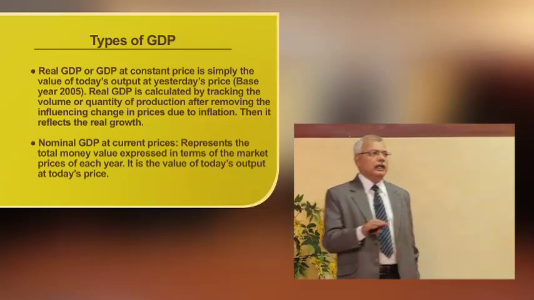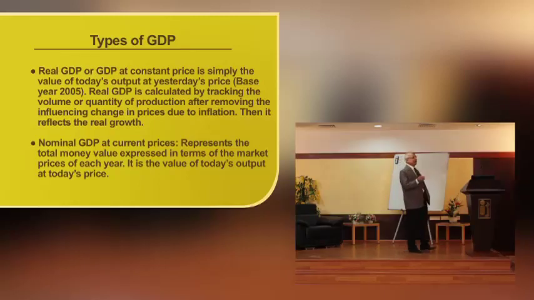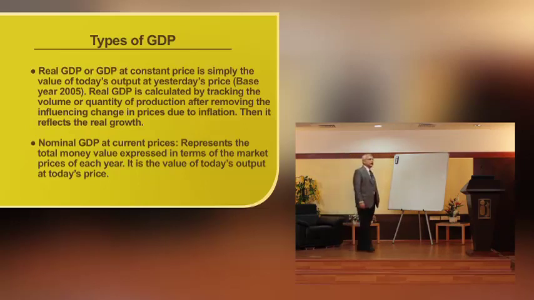So these numbers will give us an indication of how the inflation is moving in the economy and how it is affecting the real GDP, because when we are factoring the output in terms of inflation, then we get the real numbers.